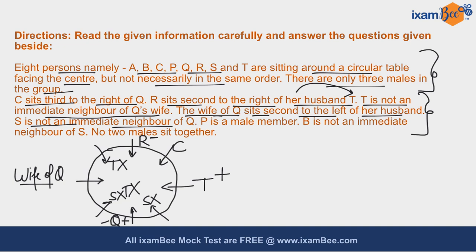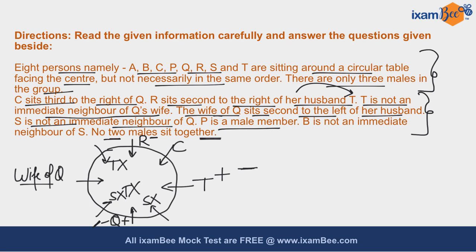Now it is given to you that P is a male member and no two males sit together. So if P is a male member, he cannot sit between T and Q. Here is your T and here is Q, because no two male members sit together. Also, P cannot sit to the immediate left of Q because no two male members sit together.